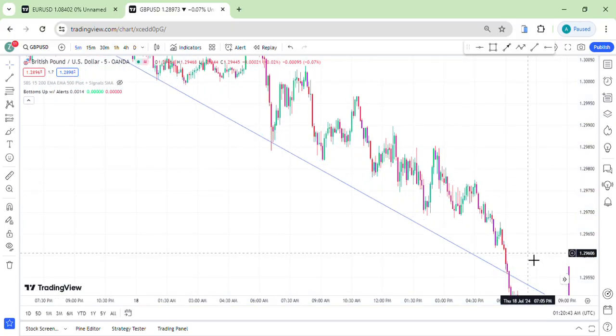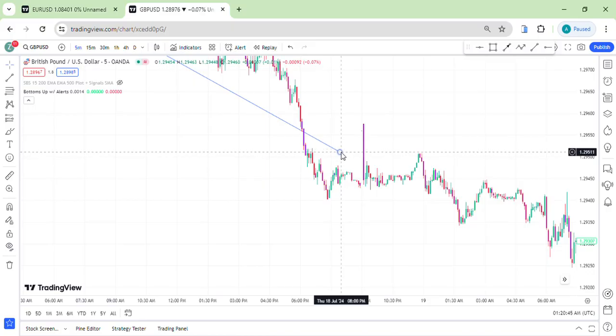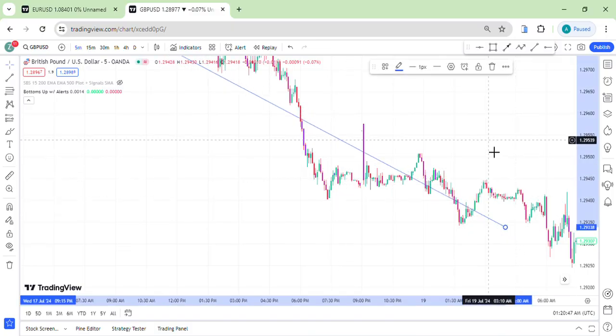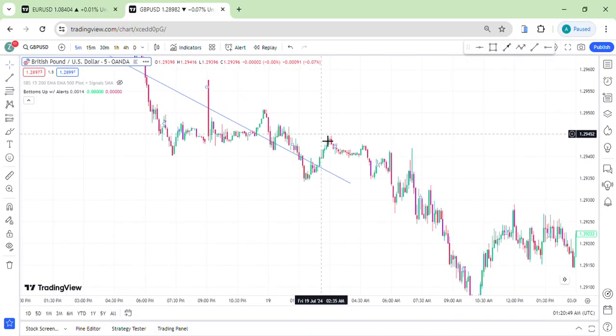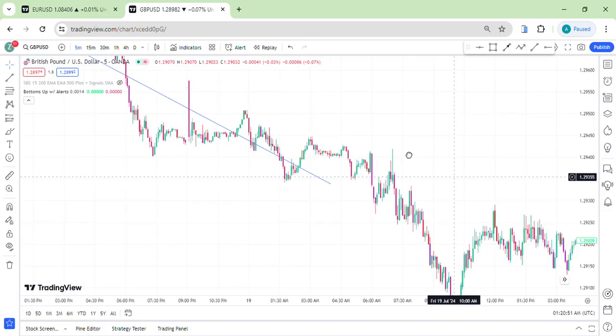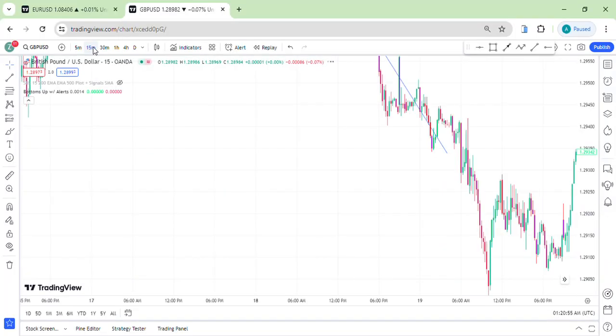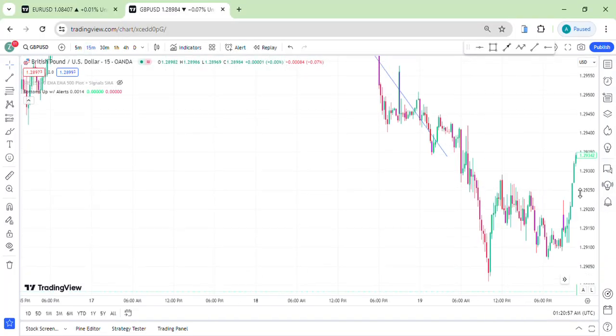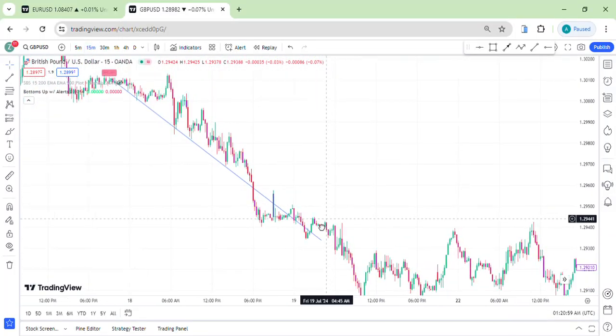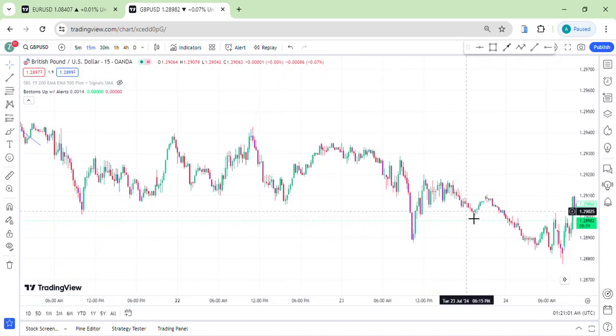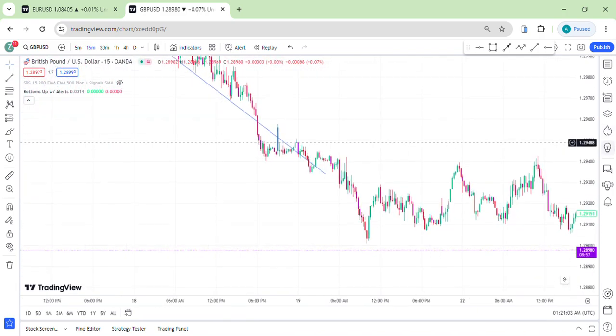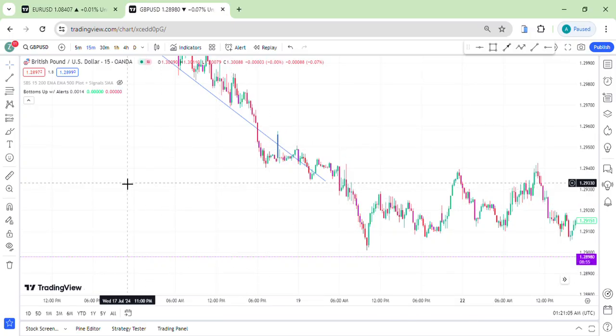There was no signal to go buy or go short. It's still dropping, and there's no signal to go buy or go short. So that's how the indicator works.